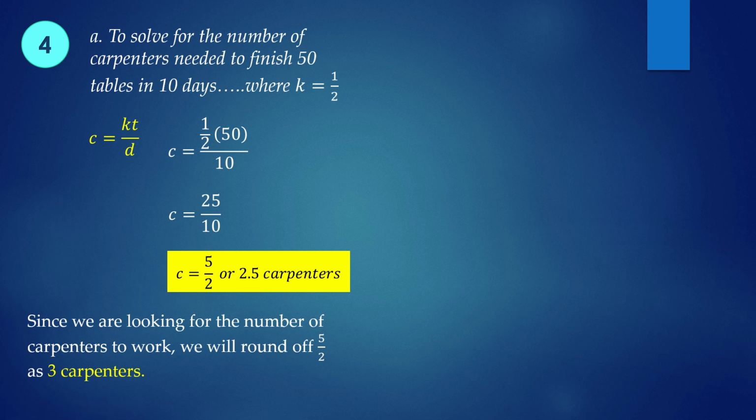So, kung i-round off ang 2.5, mahimo siyang 3. We will round off 5 halves or 2.5 carpenters as 3 carpenters. So, meaning, nanginahanglan og 3 ka karpentero para matrabaho ang 50 ka lamisa sulod sa napulo ka adlaw. So, depende sa pagbahin nila, no?